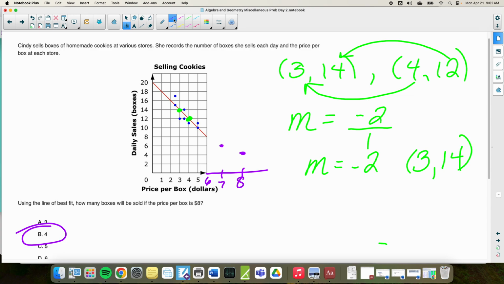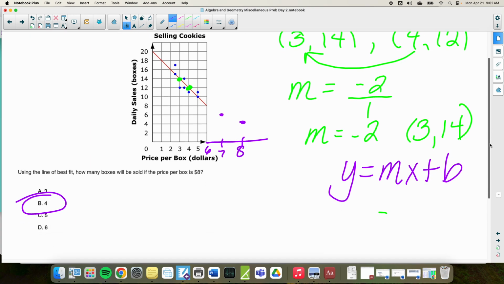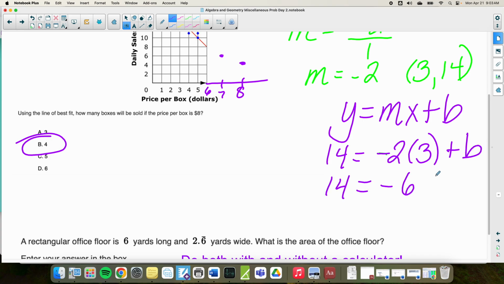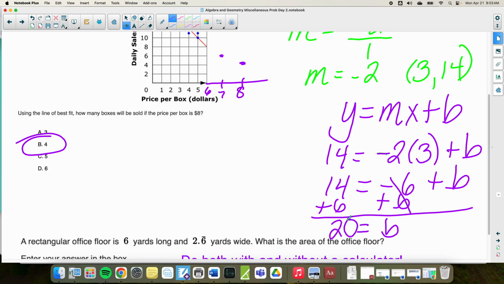And then what we would do is go y equals mx plus b. Okay. y would be 14, m would be -2, x would be 3, and that would be plus b. And then 14 would equal -6 plus b, add 6, and b would be 20.